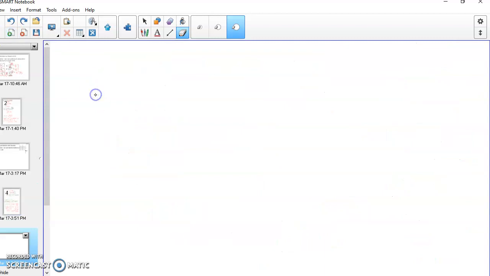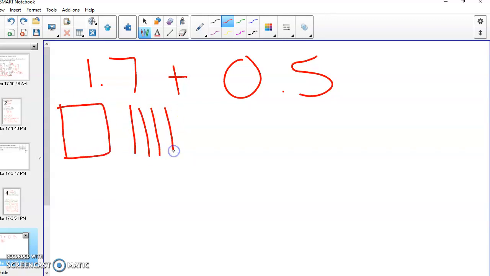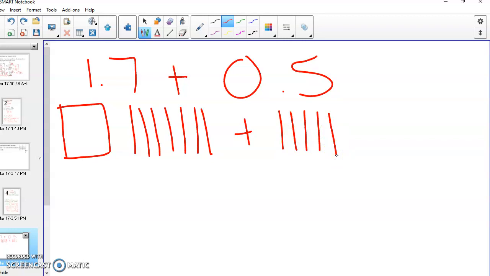All right, so we have 1 and 7 tenths plus 5 tenths. Okay, so let's go ahead and do the visual way. So we have 1 whole and 7 tenths. And then we have 5 tenths here. Okay, so I bet we could combine 1, 2, 3, 4, 5, 6, 7, 8, 9, 10.